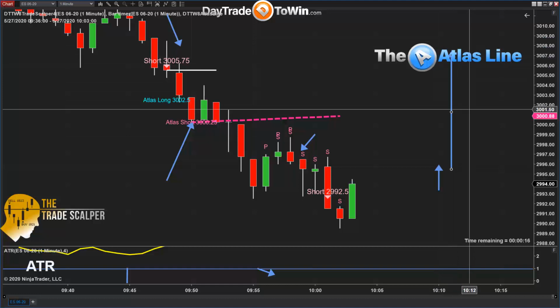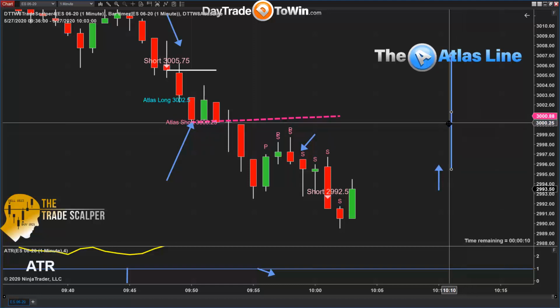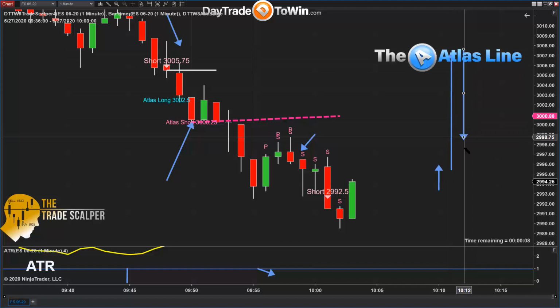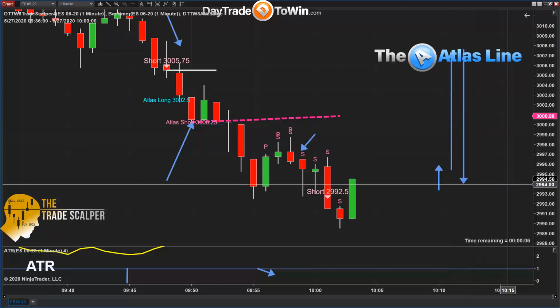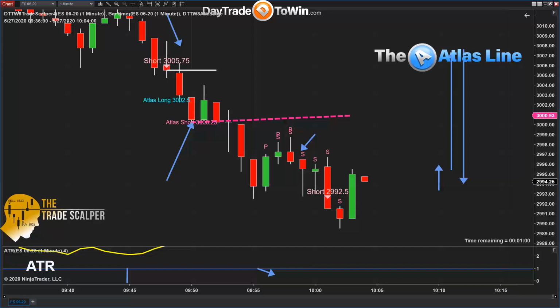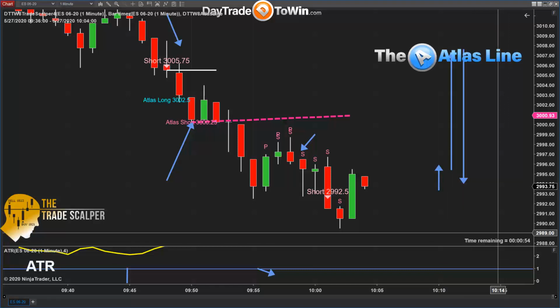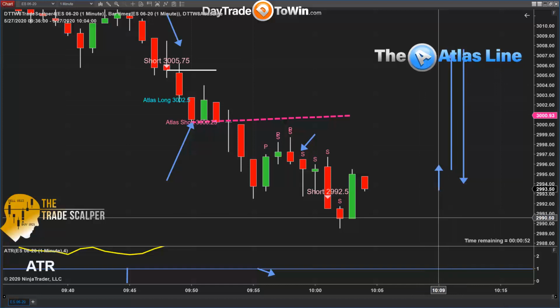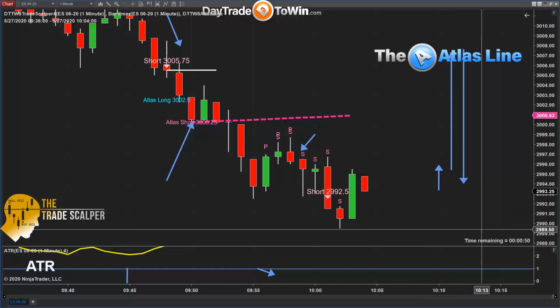When you see a large candle, consider that to be overbought or oversold, whether it be a large green candle or a large red candle. The reason why I say that is because whenever the market makes such a large jump here, you can definitely see that at the top or at the bottom of these large candles, it stops. It typically doesn't continue.